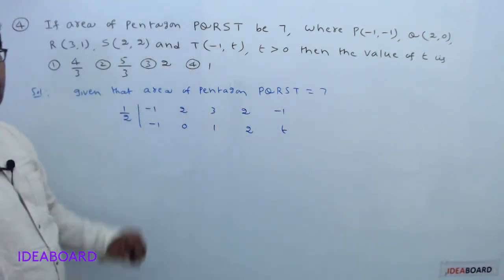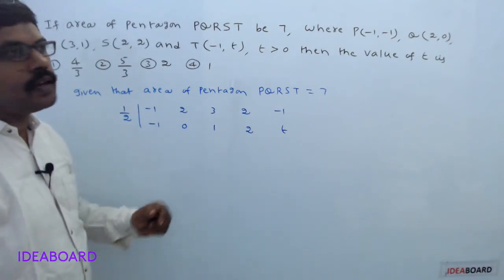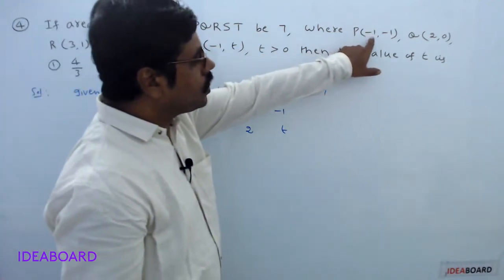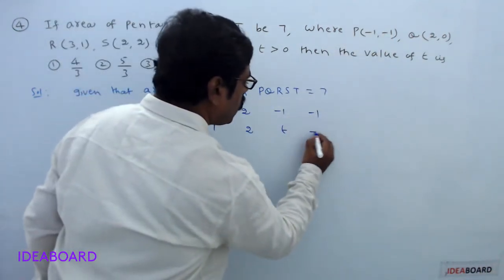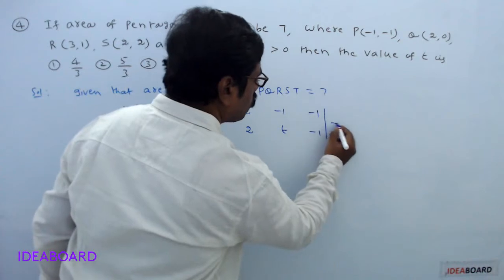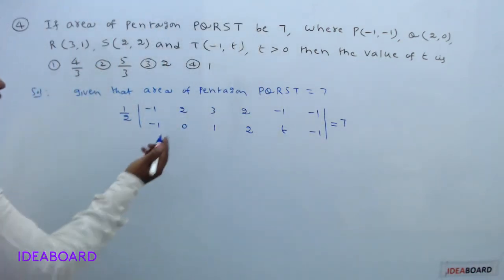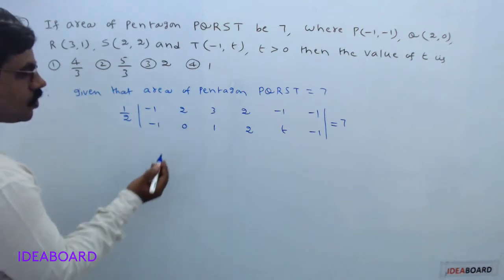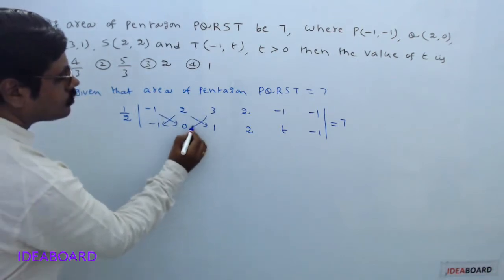If all 5 points are over, then again you write down the first point coordinates. What are the first point coordinates? Minus 1, minus 1. So this equals 7 square units. Now simplify this format. Before that, put the arrow marks like this.